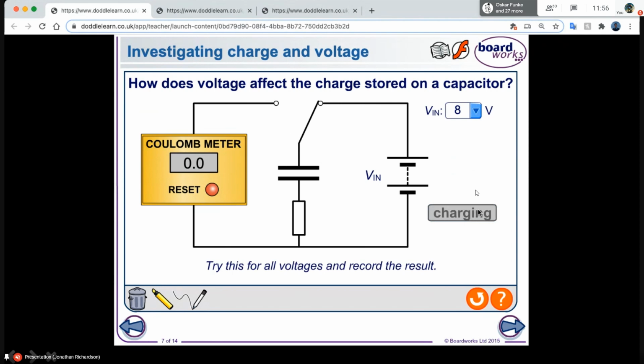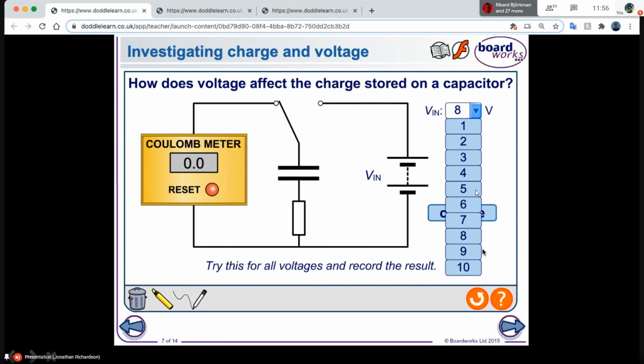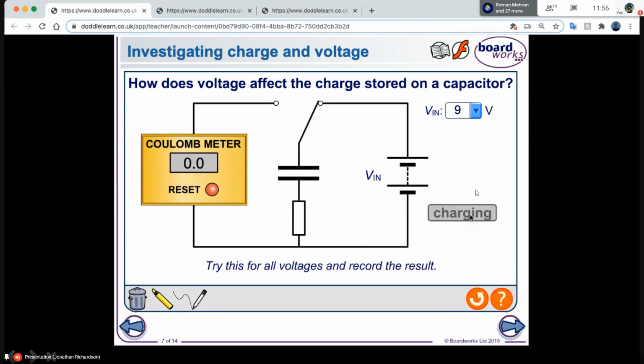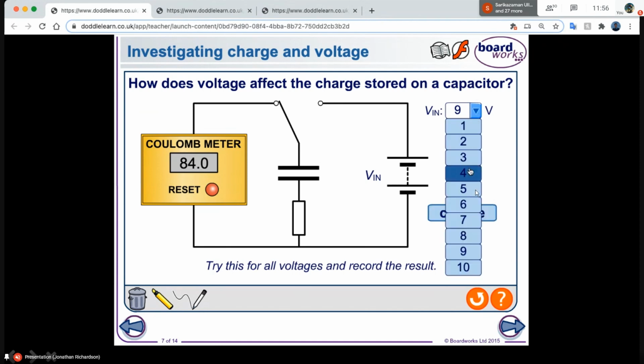Eight volts. Measure. Nine volts. Measure. And finally, 10 volts.